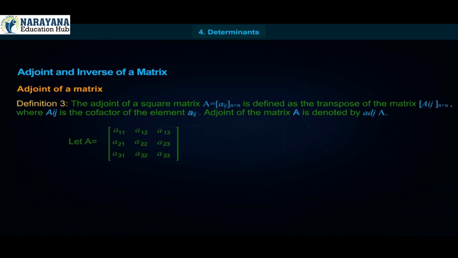Let A be the matrix |a11, a12, a13; a21, a22, a23; a31, a32, a33|.